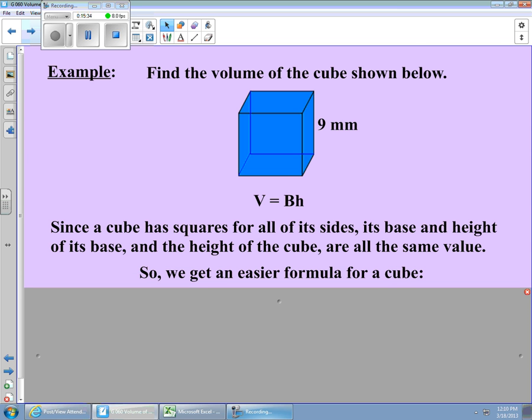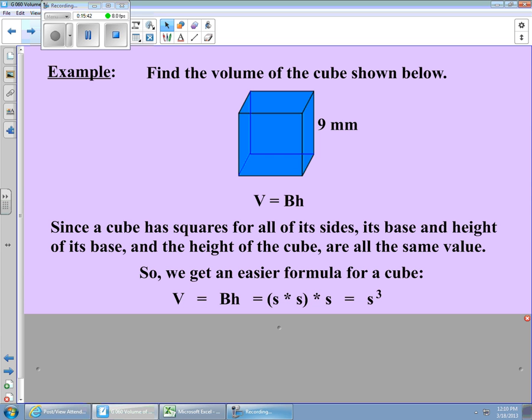And when you start to plug into your formula, trying to figure out big B and little h for the volume formula, you end up with the exact same measurement in all three places. The base, the height of the base, the height of the cube, it's the exact same number each and every time.